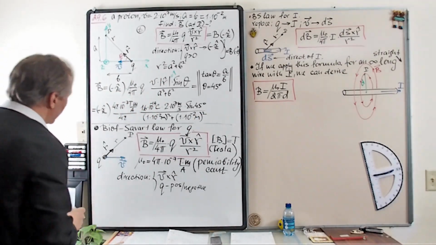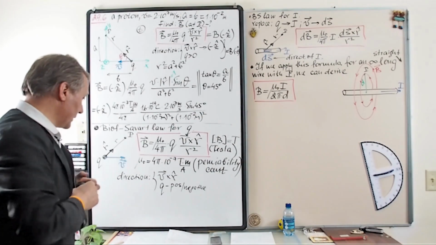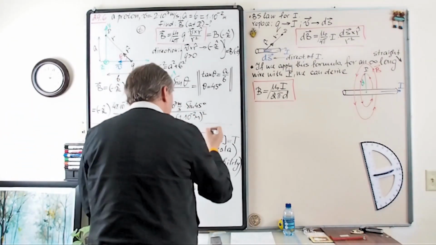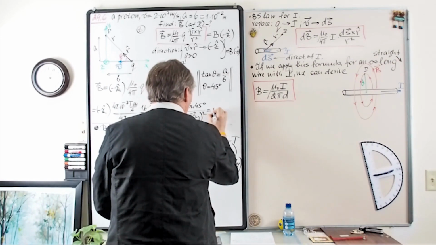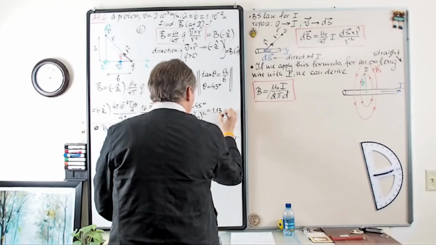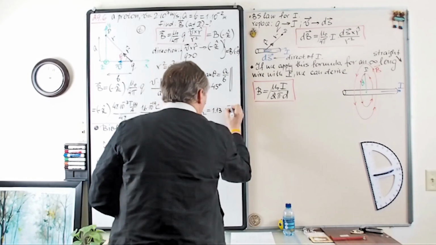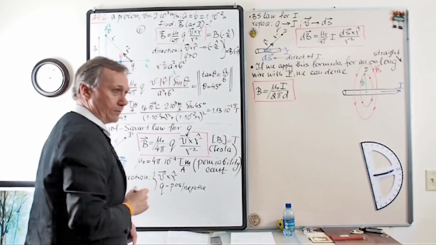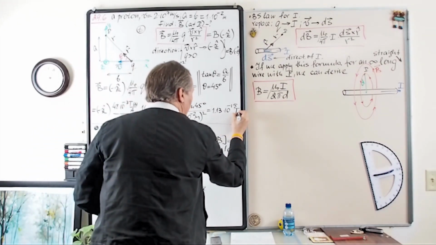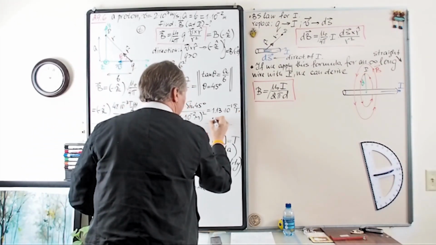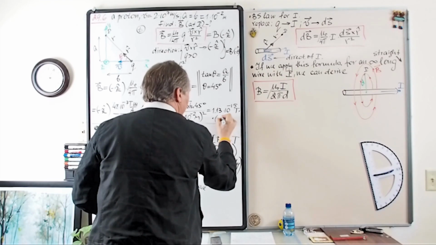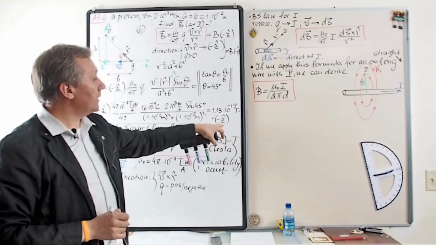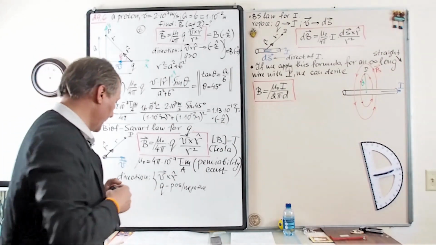Okay, so you can multiply all these factors, which I'm not going to do. You will end up with 1.13 times 10 to the power of minus 15 Tesla. Direction, I will put a small multiplication, minus z hat direction, right? Absolute value and direction.